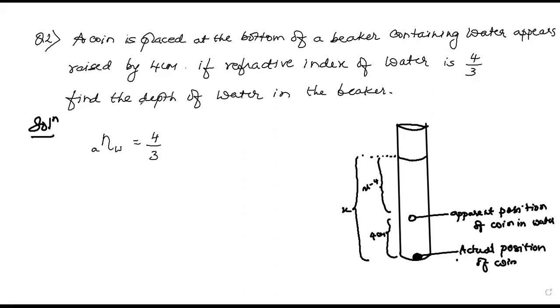Now look, children. If they ask for the depth of water in the beaker, that means they want the real depth, and the coin appears to be raised up by 4 centimeters. There is a direct formula for this, but I always follow this method.